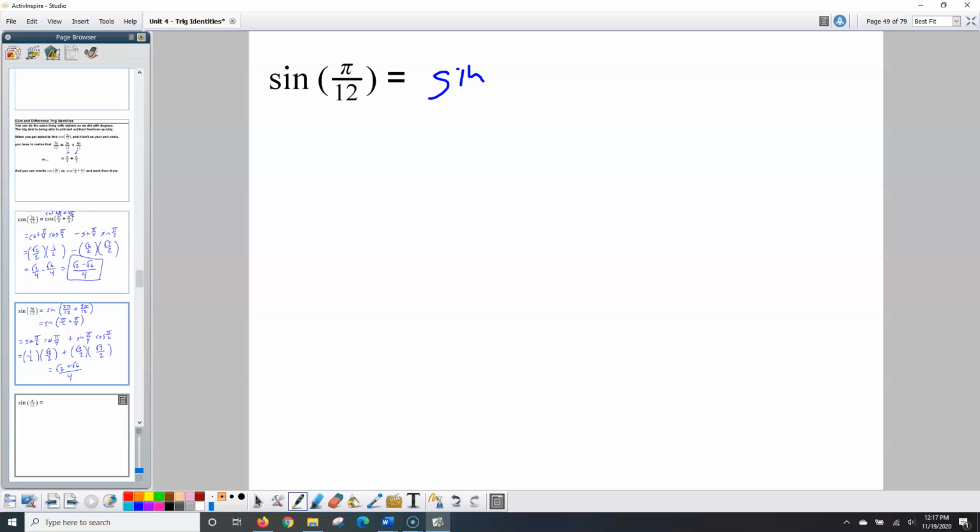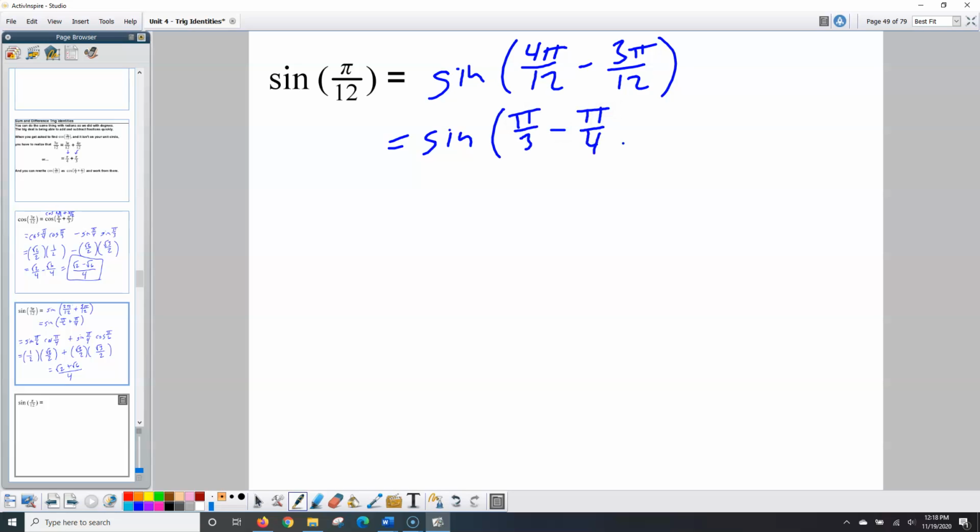You could do 10 pi over 12 minus 9 pi over 12, or 9 pi over 12 minus 8 pi over 12. All those are on your unit circle. I'm just going to use, let's do 4 pi over 12 minus 3 pi over 12. So that's the same as sine of pi over 3 minus pi over 4.